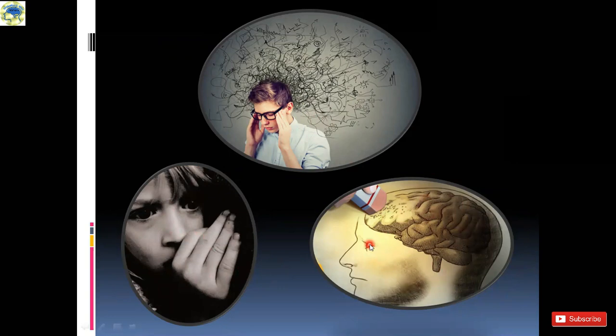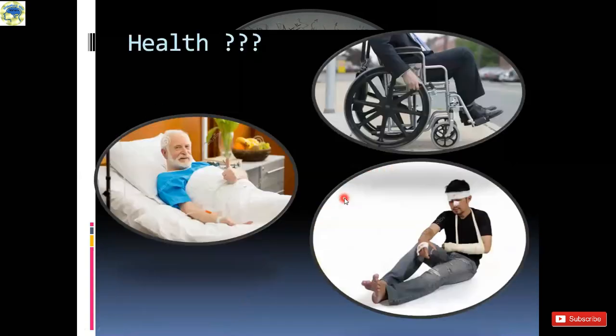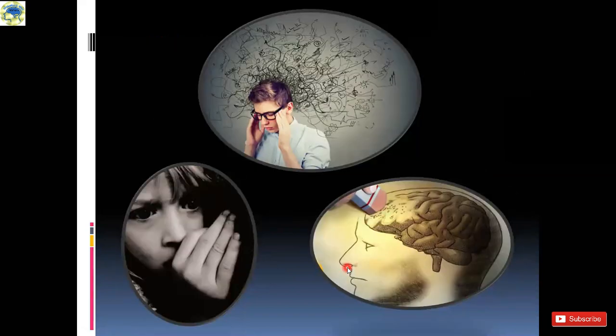So in this way, if we have stress in our mind, if we have fear, and if we have any mental disability or any mental problem, we cannot be healthy. So this is the mental aspect of health. So this first one is the physical aspect of health. This one is the mental aspect.